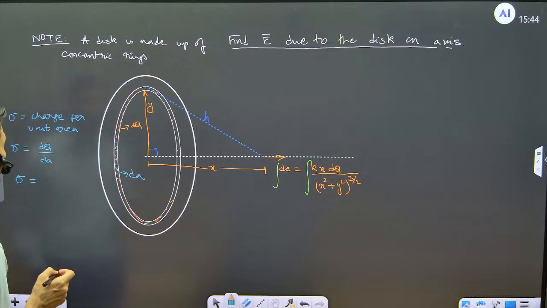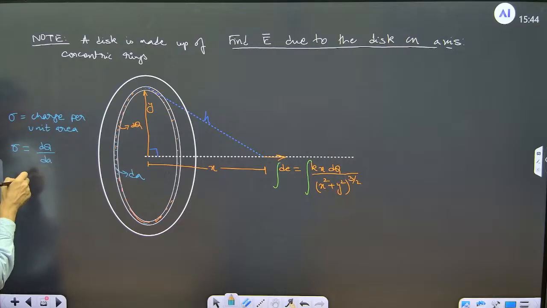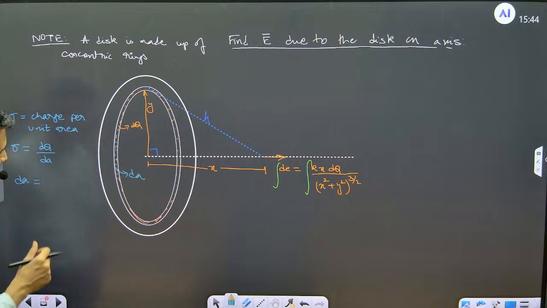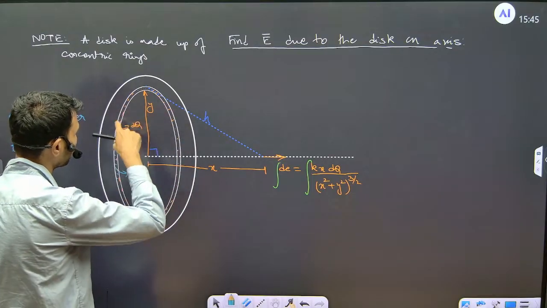Now what will dq be equal to? dq by dA we have written, so let's find out dA first. dA means differential area. So how can we get this area? This dA, how do we get the area of this ring? What we can do?